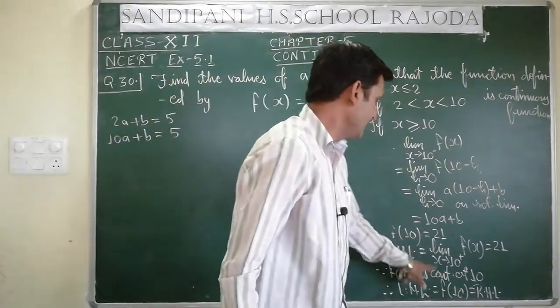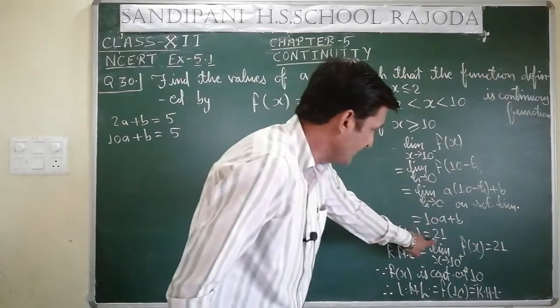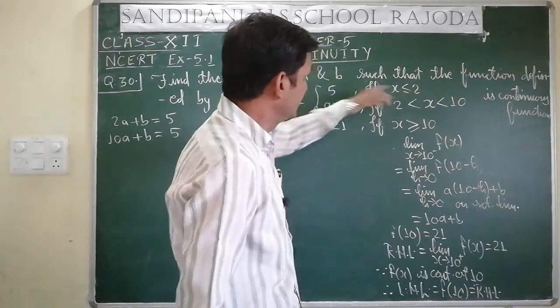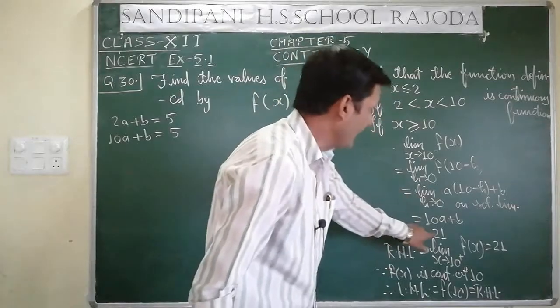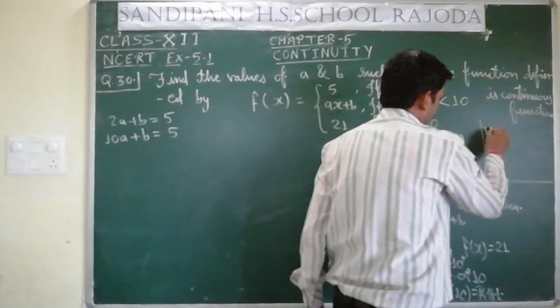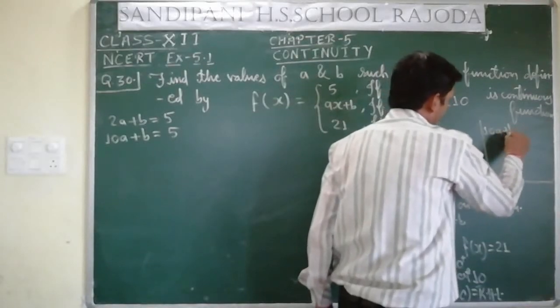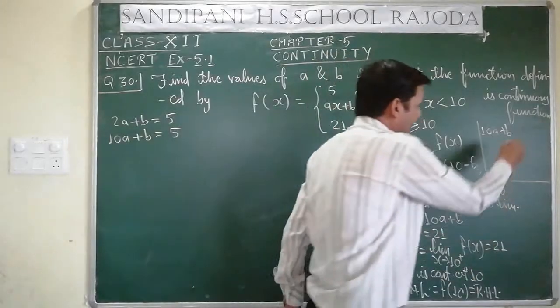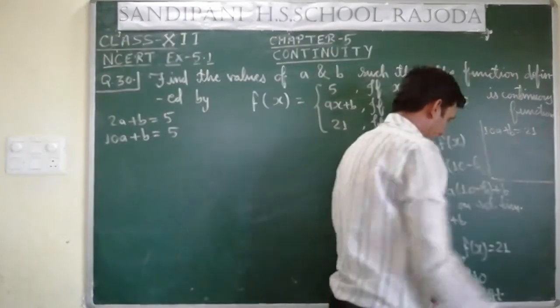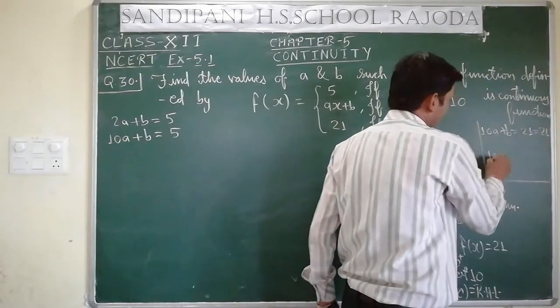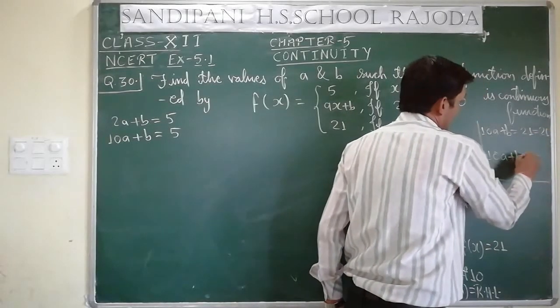See here, 10a plus b at LHL, f of 10 is 21 and RHL is also 21. So what is our second equation? It is 10a plus b is equal to 21.